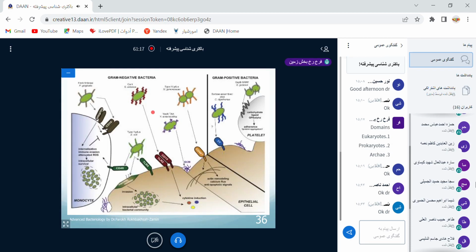And these are different types of adhesins present on different types of bacteria, and accordingly they can find their target cells and attach to them.